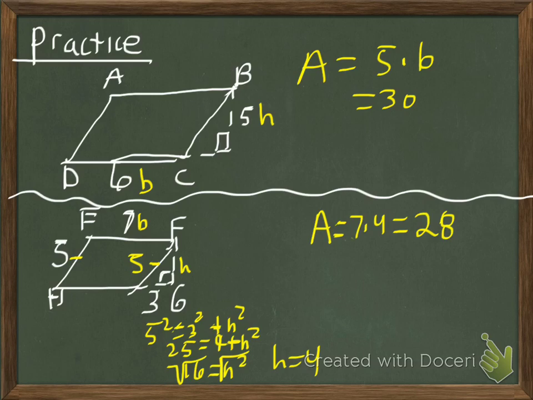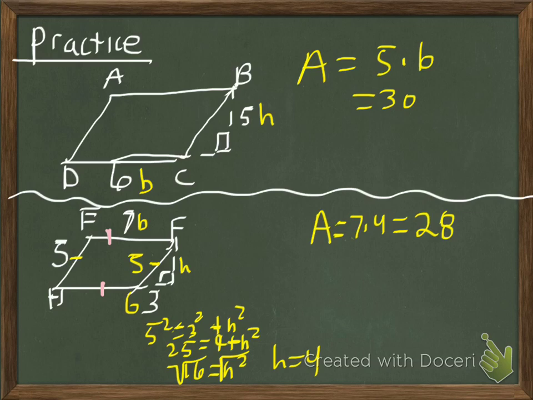We see that the base is 7. We need to find the height, h. Using the Pythagorean theorem, we would see that we have a 3, 4, 5 right triangle, 4 being the height. 7 times 4, which is 28. Again, remember that we know the base is 7 because EF and GH are congruent. Actually, now that I look at it, that G really should be over there.